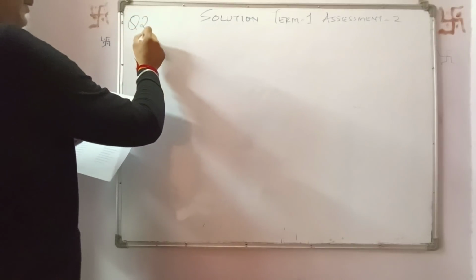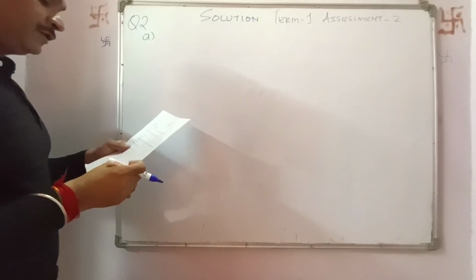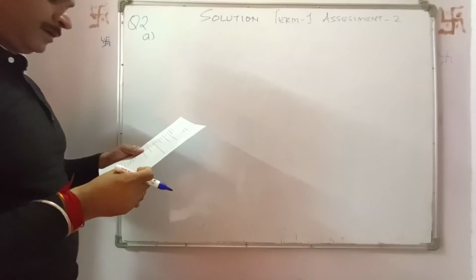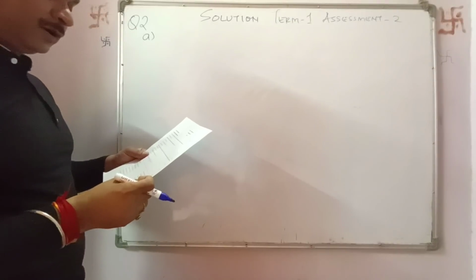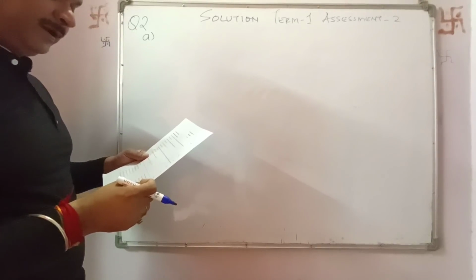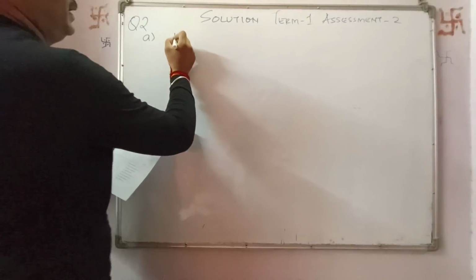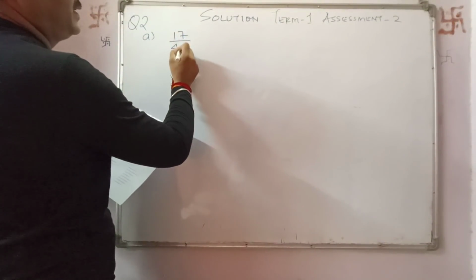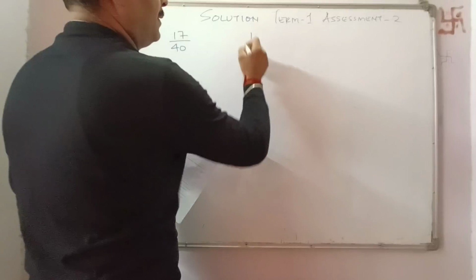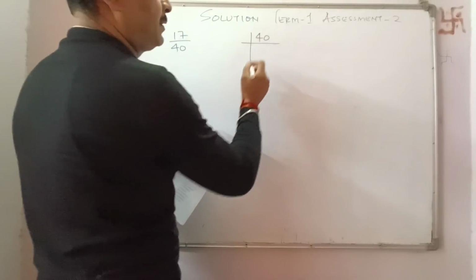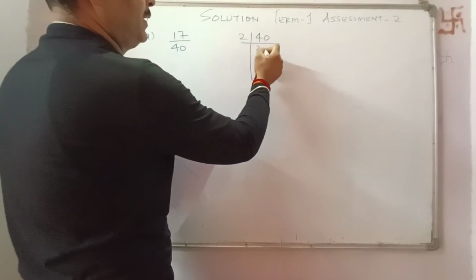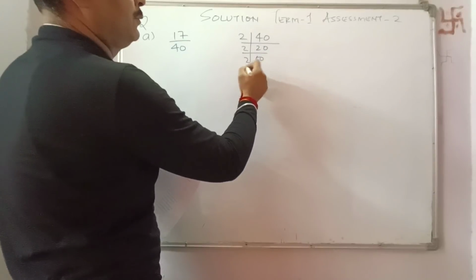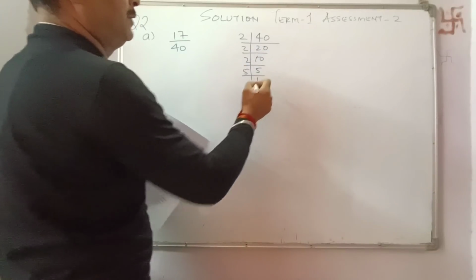Question number 2a part. Now state which of the fractions 17 by 40 or 32 by 45 is a terminating decimal, and why? Okay, if we take the first fraction 17 by 40, let's find the prime factors of the denominator, that is 2, 20, 2, 10, 2, 5 and 5, 1.